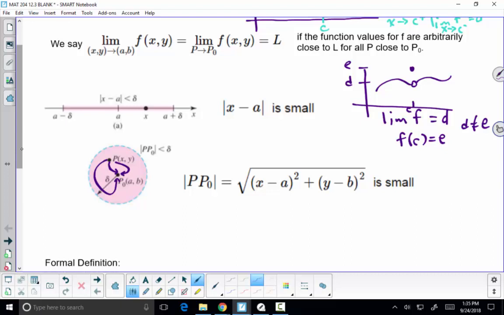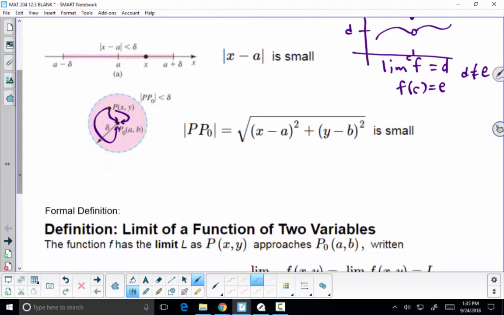So we have to translate that to two variables. Well, what does it mean for us to be close, or for the distance to P naught to be small? Well, we know how to use the distance formula, and the idea is that instead of creating an interval around a, which is our point of interest, we create a delta disk. So to be close to P naught, you have to be within delta of P naught.